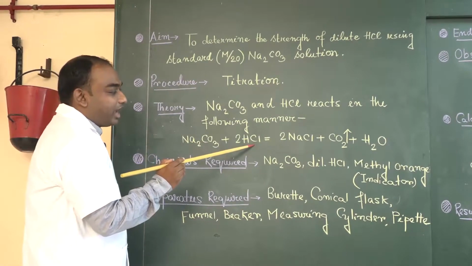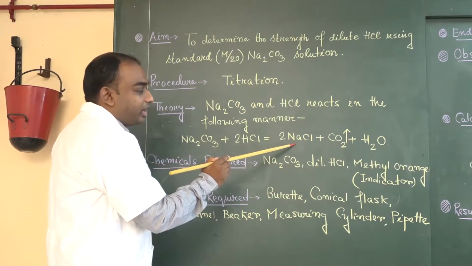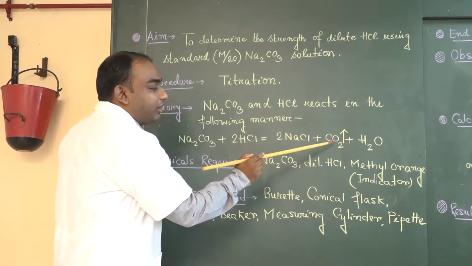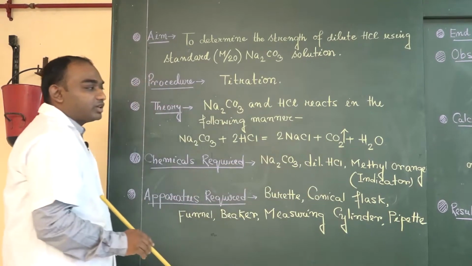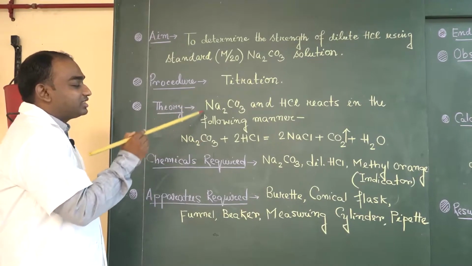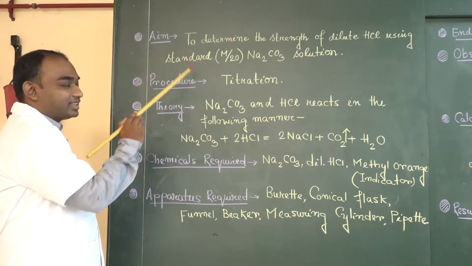It reacts with HCl to form the salt called sodium chloride, common salt, table salt, along with evolution of carbon dioxide gas and formation of water. So this is the theory which is involved behind this experiment.